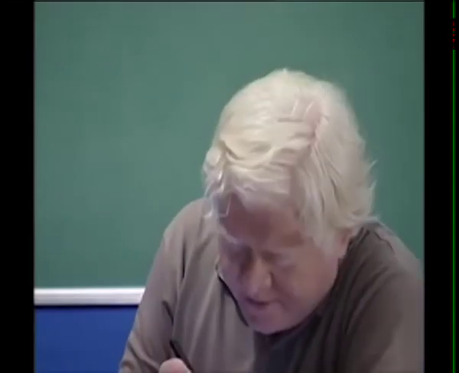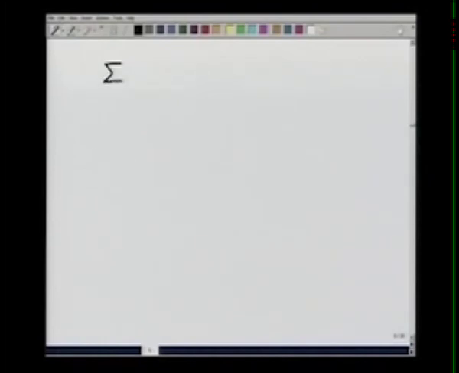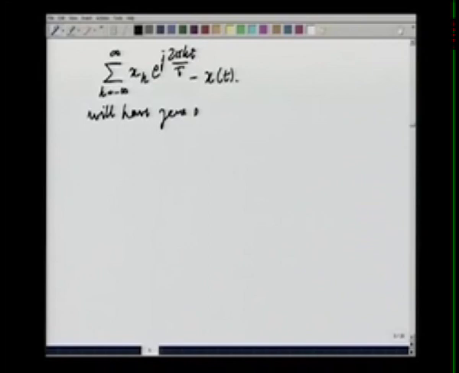This representation minus the original x(t) will have no energy. Also, all X_k's will exist.